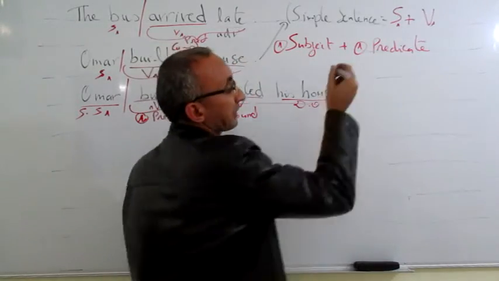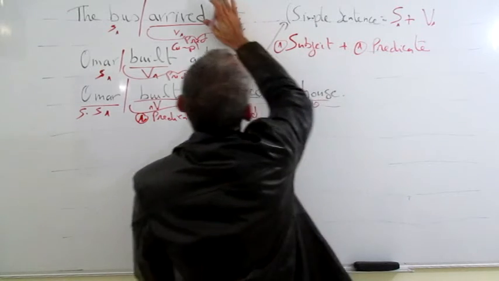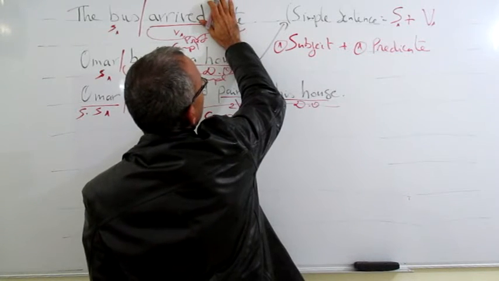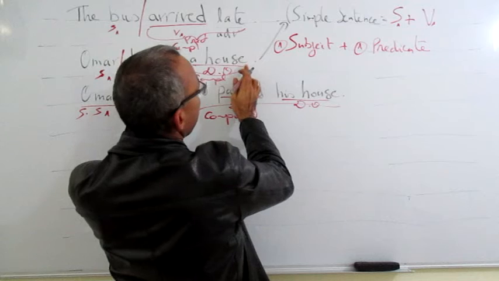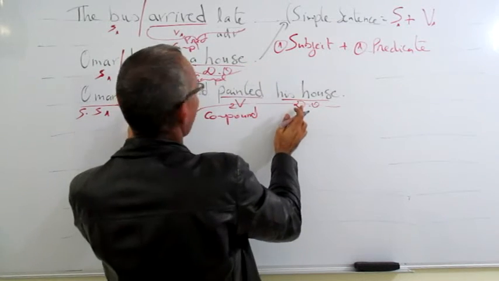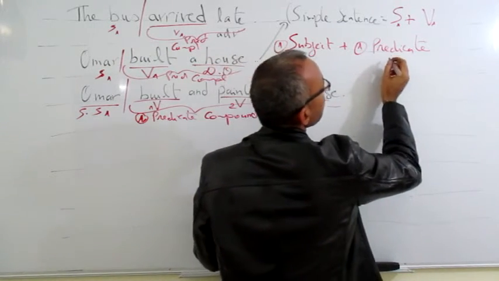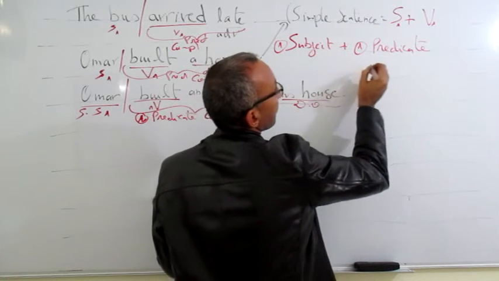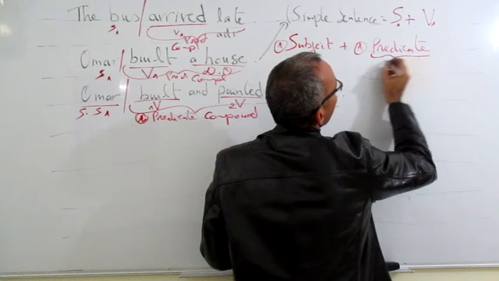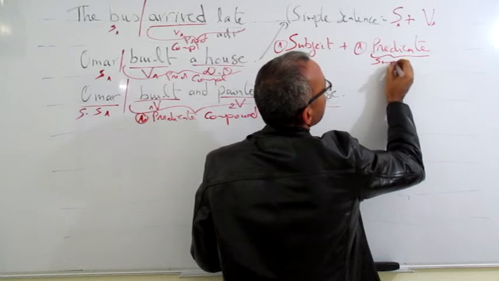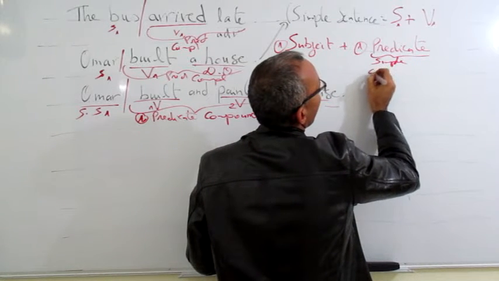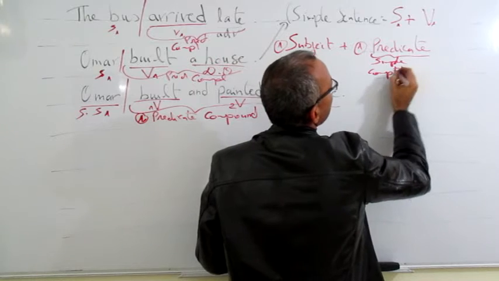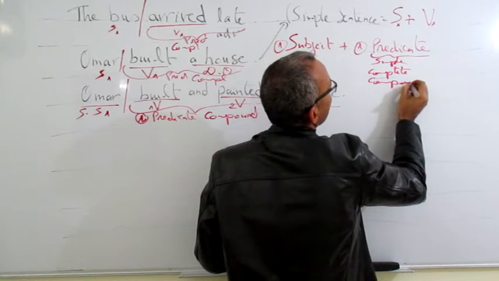Whether the subject or predicate is simple, or complete like here, or compound, it remains always what? A simple sentence. We have one subject and we have one predicate, whether it is simple or complete or compound.